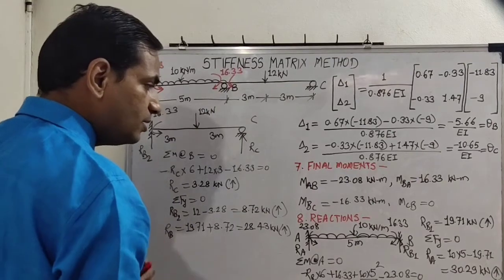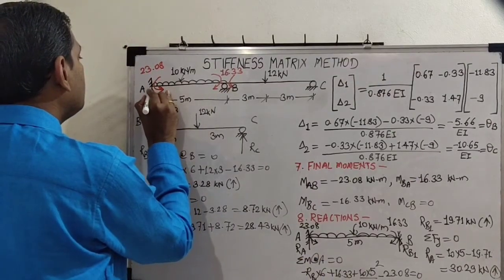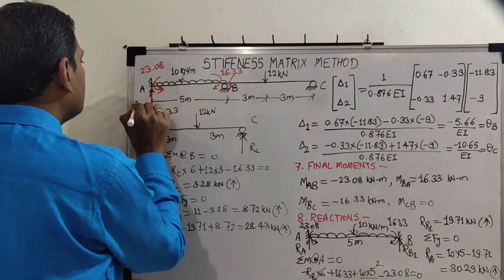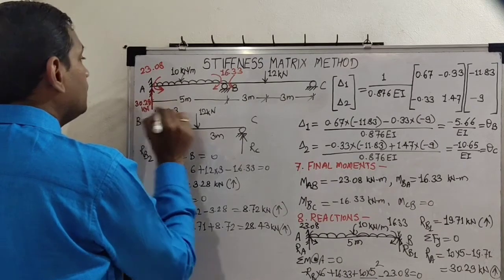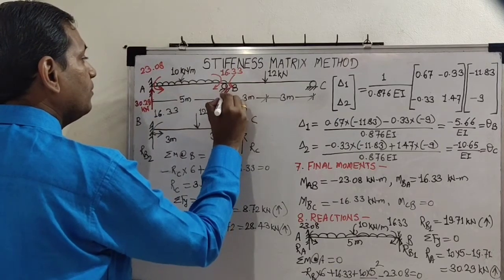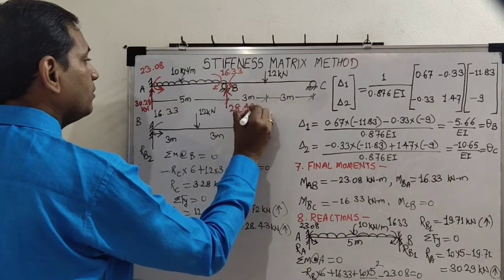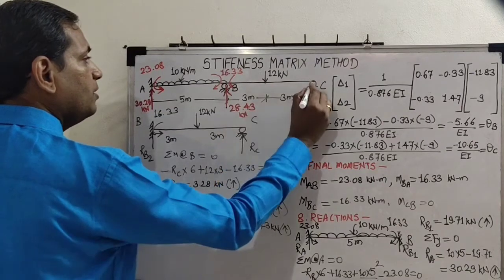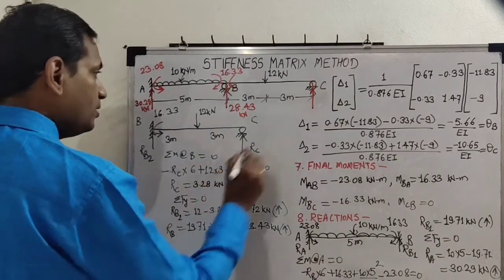So RA is 30.29, net RB value 28.43, and RC is 3.28.